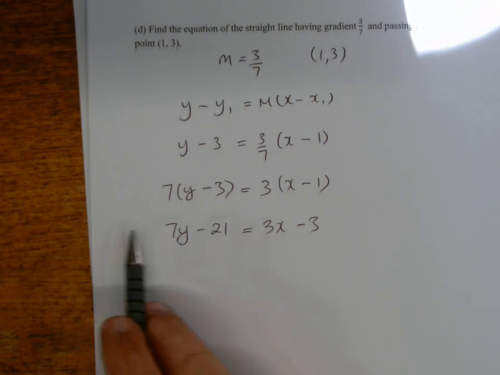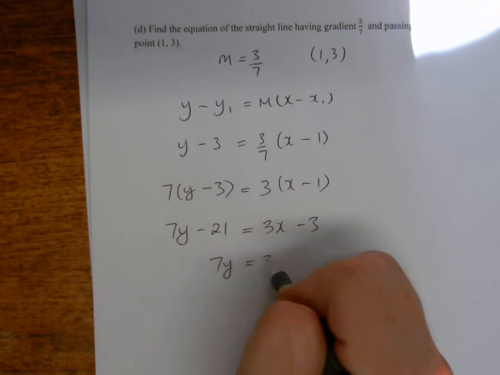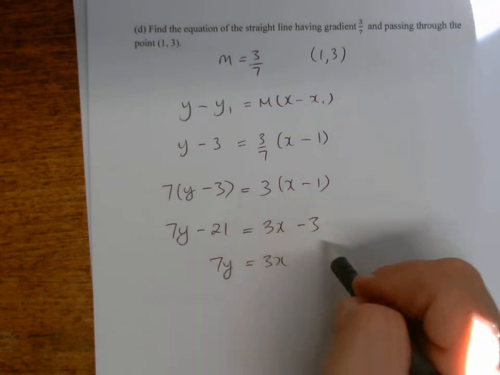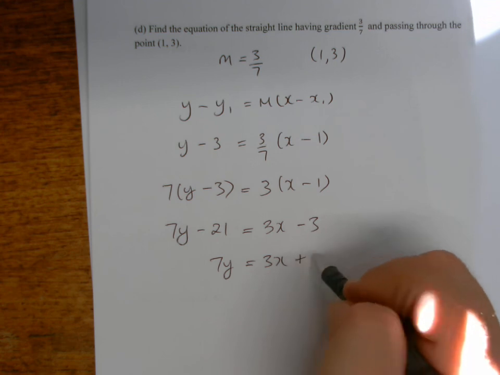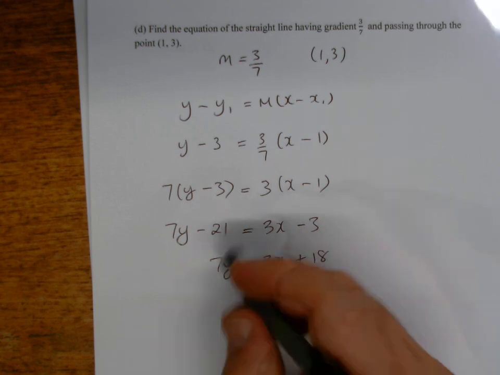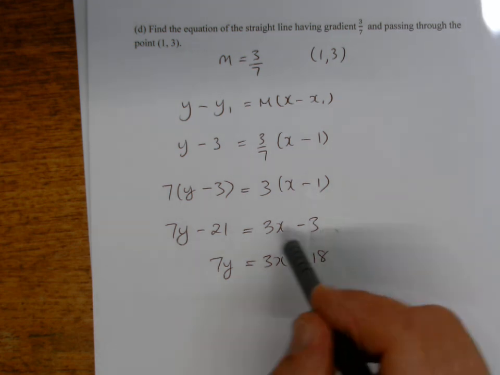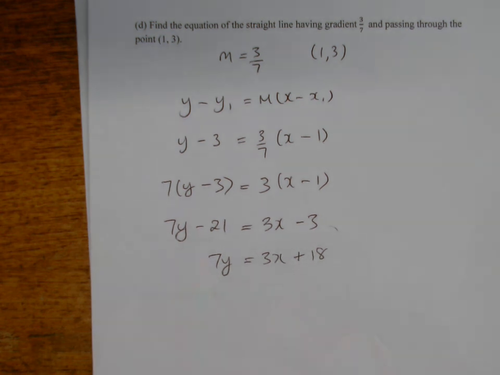You can see now I've got no fractions. So I end up having 7y is 3x, and if I take that minus 21 over, that becomes plus 21, so that gives me plus 18. You can leave it like that, or you can get everything onto the left-hand side. It doesn't matter which way you leave it, but there is my equation, given without a fraction format.